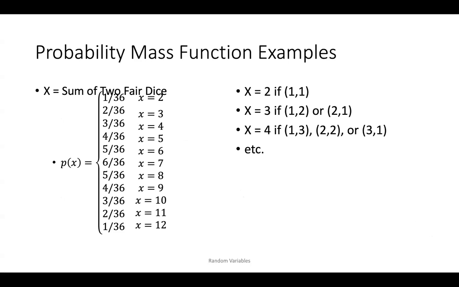We've seen the probability mass function of rolling 2 dice, again, fair dice. So the probability of getting a 2, there's only one way to do that. We get a 1 and a 1. And so it would be 1/6 times 1/6, again, assuming they're independent. And so the probability of 2 would be 1/36, etc.